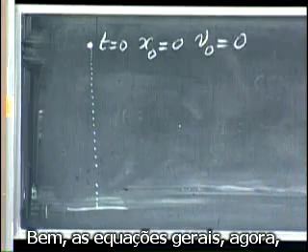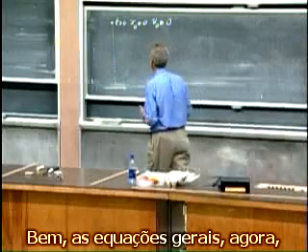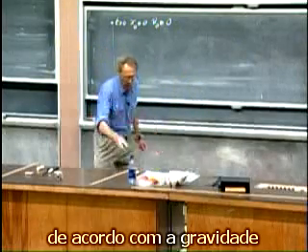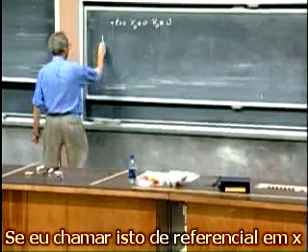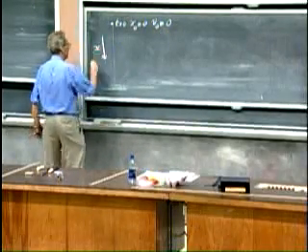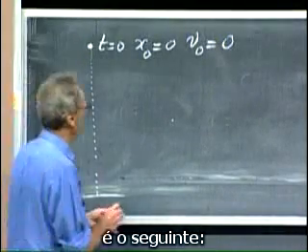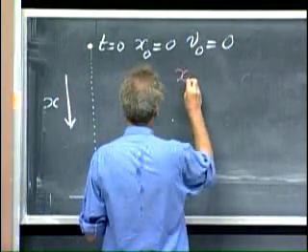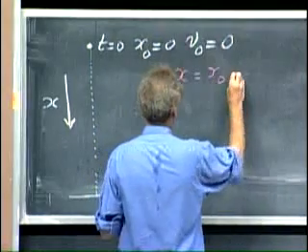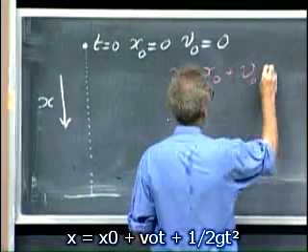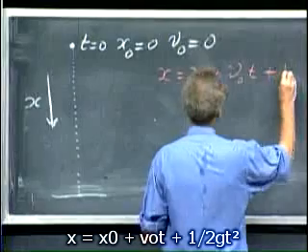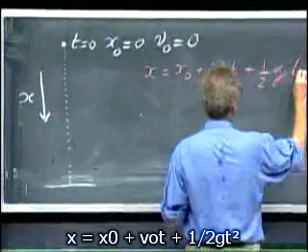Well, the general equations now, which deal in gravity, if I call this the increasing value of x, you can choose it differently. This is my choice today, is the following. x equals x0 plus v0t plus 1/2 gt squared.